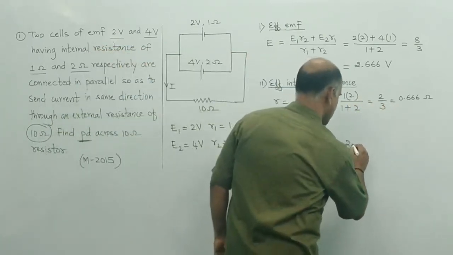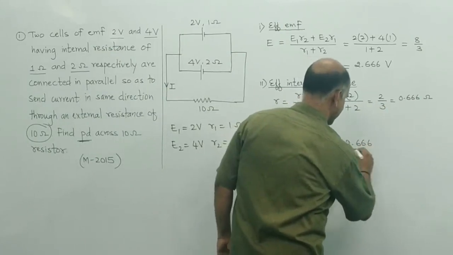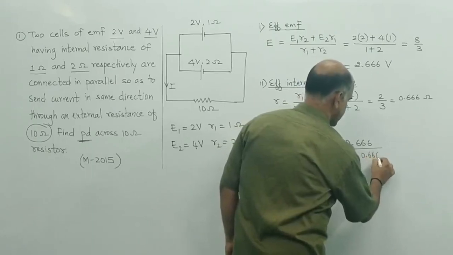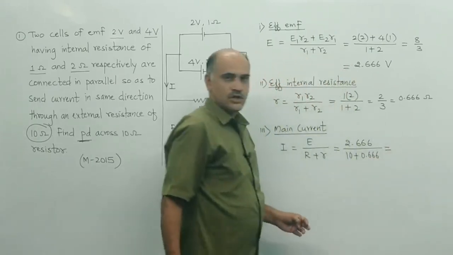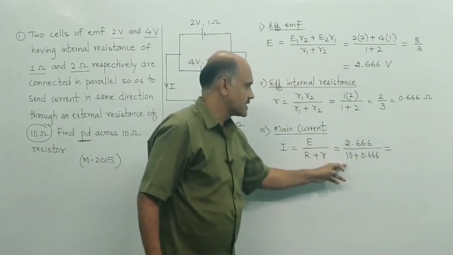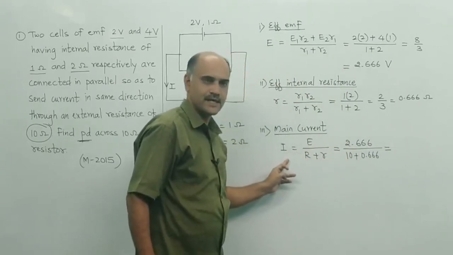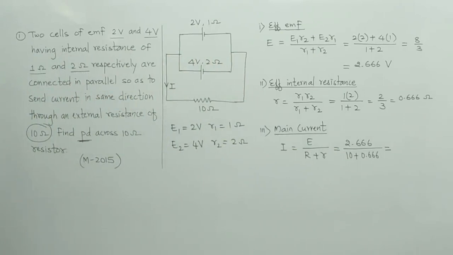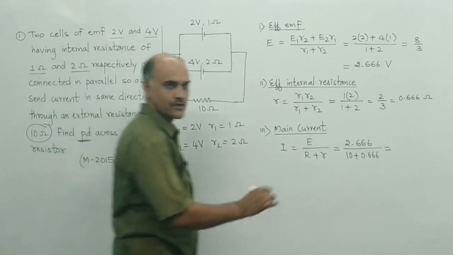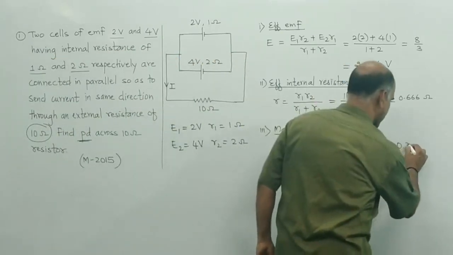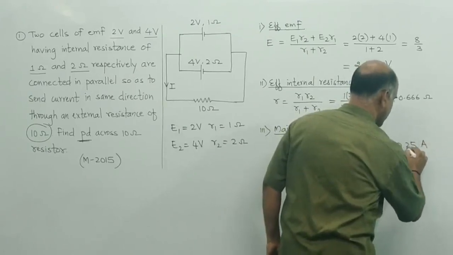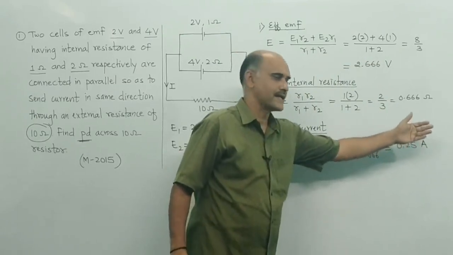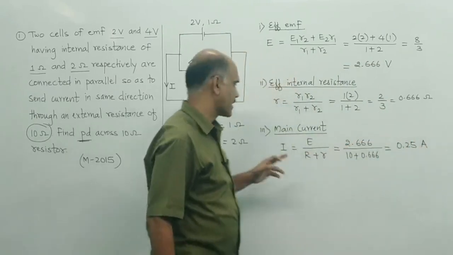So 2.666 divided by 10 plus 0.666. Using calculator, I will get main current approximately 0.25 ampere, or 0.24999.